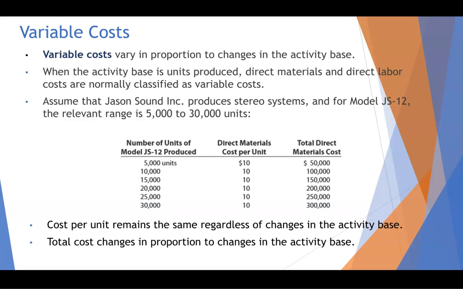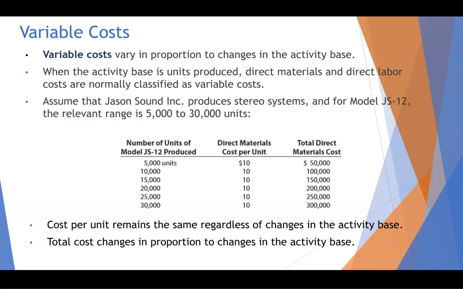So the direct material cost per unit remains the same regardless of changes in the activity base. Total cost changes in proportion to changes in the activity base.